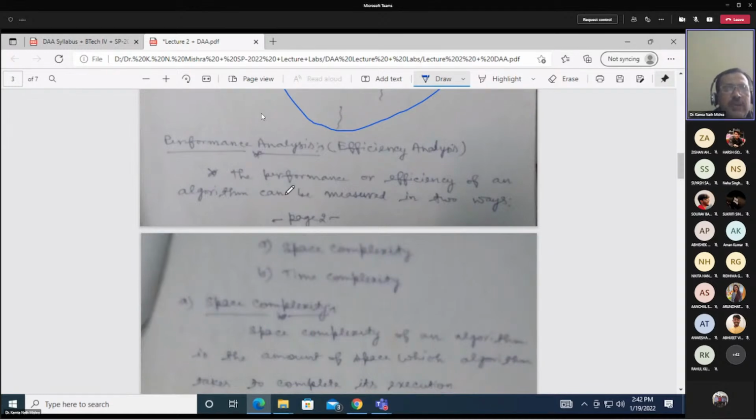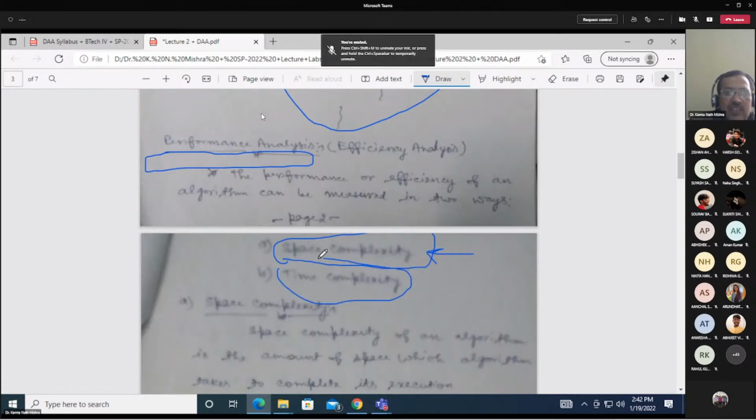Now we will see the performance analysis of algorithms. Whenever you are analyzing the performance of any algorithm, two things you need to do: either on the basis of space complexity, you analyze the performance of the algorithm, or on the basis of time complexity, you should analyze the performance of the algorithm.